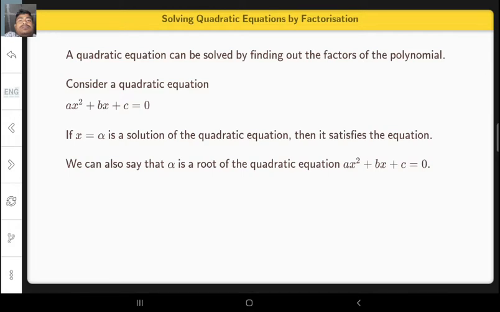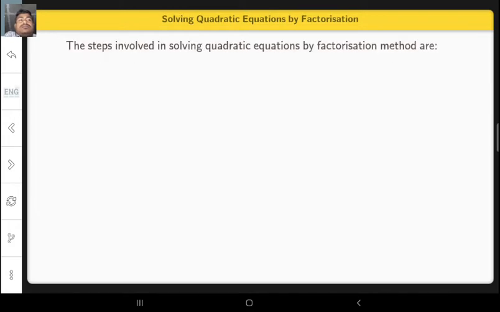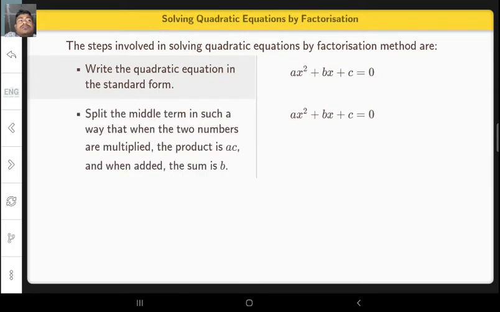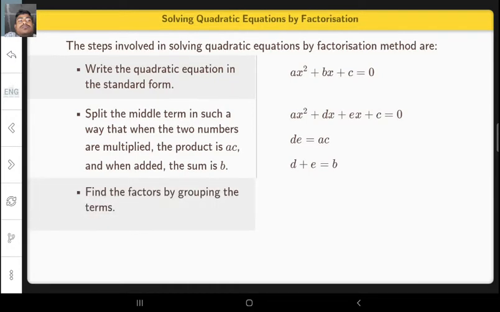The steps involved in solving quadratic equations by the factorization method are: write the quadratic equation in the standard form. Split the middle term in such a way that when the two numbers are multiplied, the product is AC, and when added, the sum is B. Find the factors by grouping the terms.